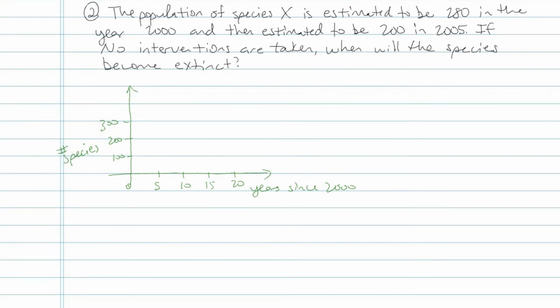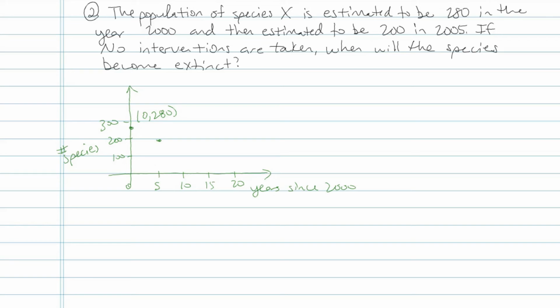The population of species X is estimated to be 280 in the year 2000. So I'm going to put a little dot right here at 0 years, 280. When their study first started, there were 280 in the population. Then it's estimated to be 200 in the year 2005. So that's what this is going to look like right there.